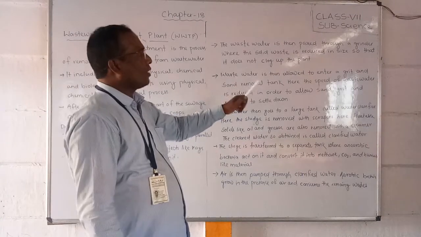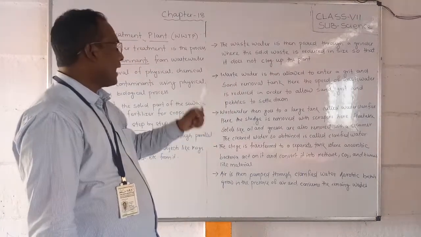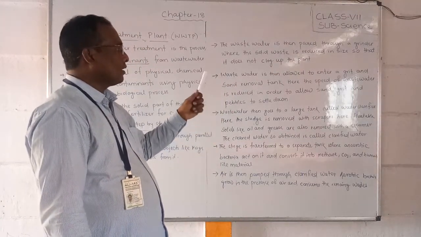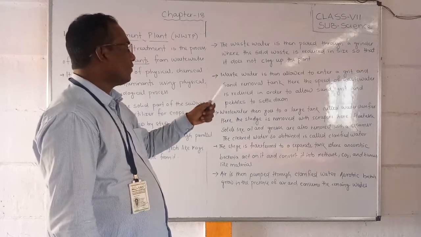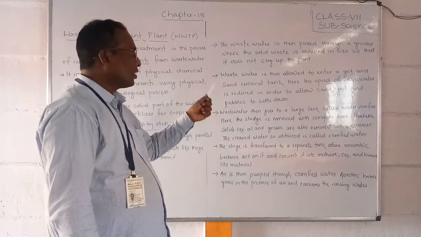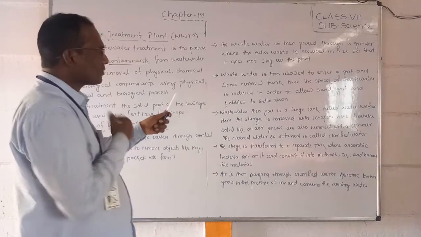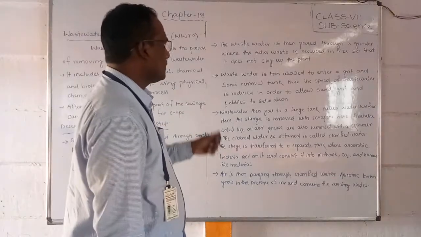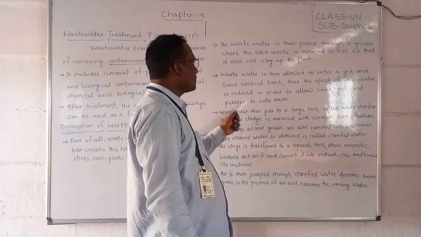Wastewater is then allowed to enter a grit and sand removal tank. Here the speed of the wastewater is reduced in order to allow sand, grit and pebbles to settle down.